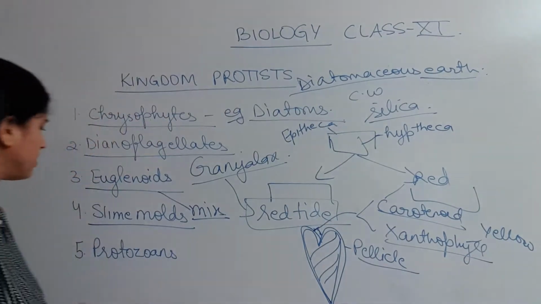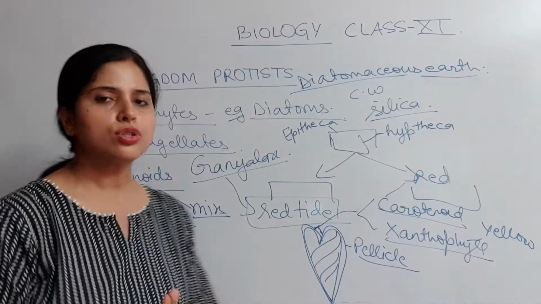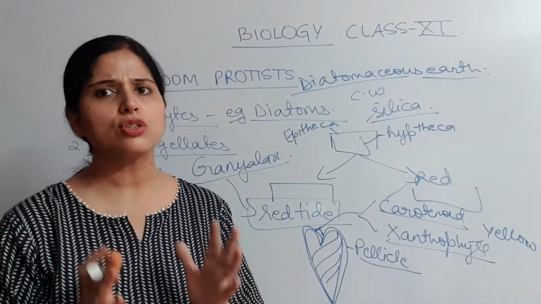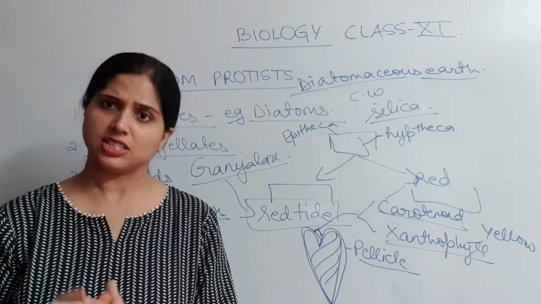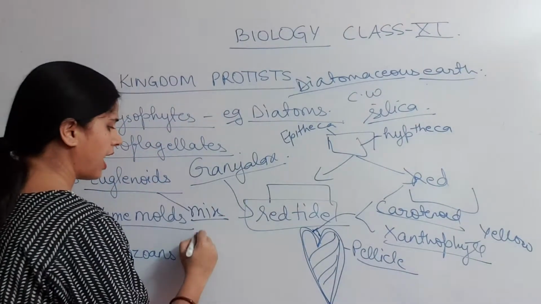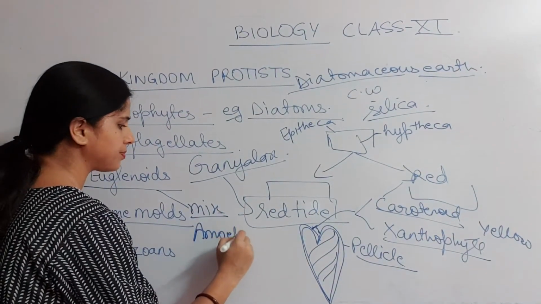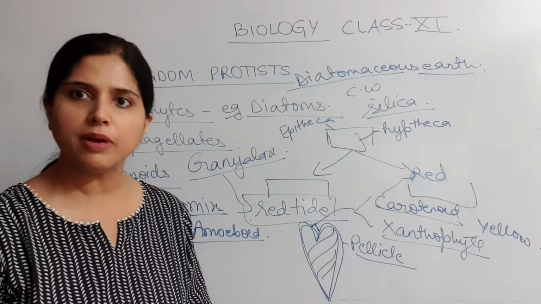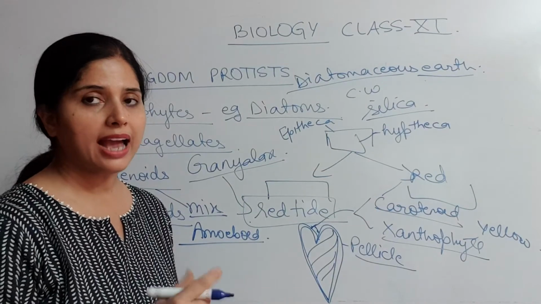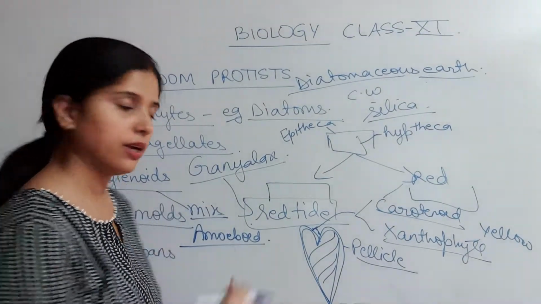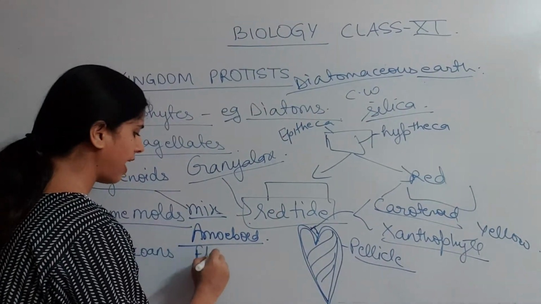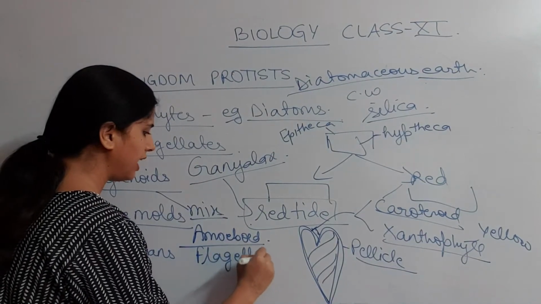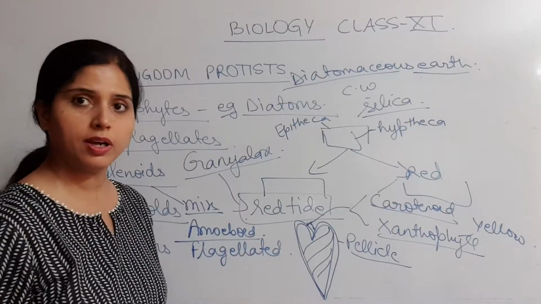Next are the protozoans. Protozoans are classified on the basis of locomotory organelles. Amoeboid protozoans, an example is Entamoeba, attack with the help of pseudopodia. Next is flagellated, example Trypanosoma.